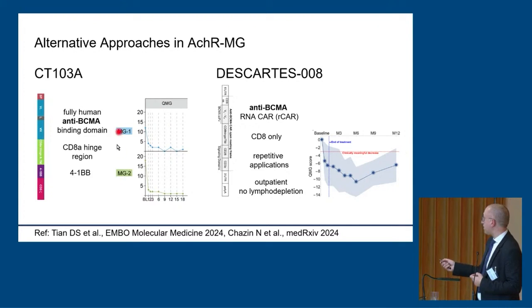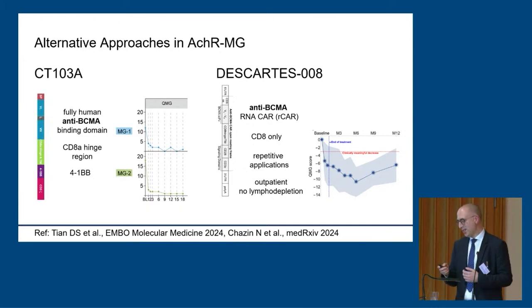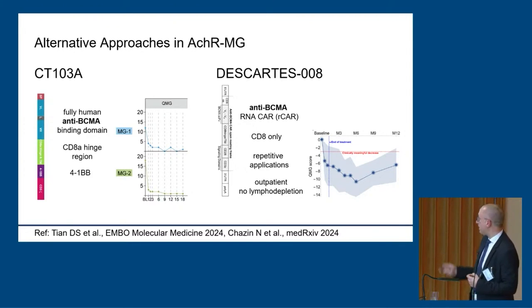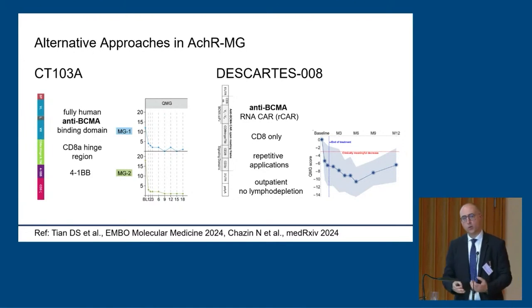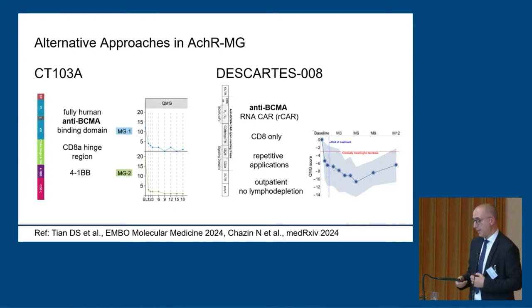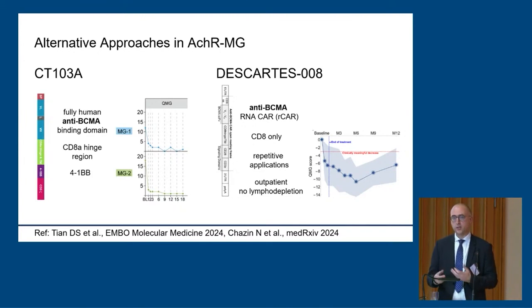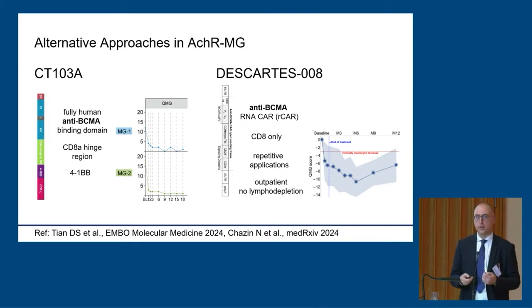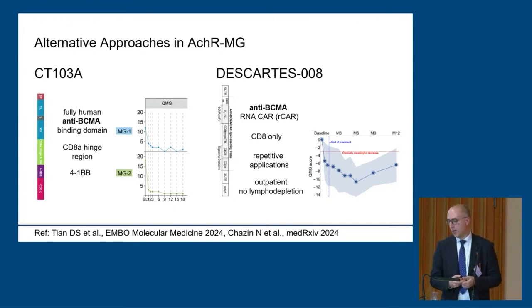Then there is another study that is even more advanced in terms of introducing new things. It's an mRNA-based CAR, a transient CAR against BCMA. It's only CD8 cells in order to avoid toxicity, and it's given repetitively because of the transient nature of the CAR. You need to give several doses, so they give it 6 times, and the update of the study was published very recently, and you see what they call a meaningful clinical response.